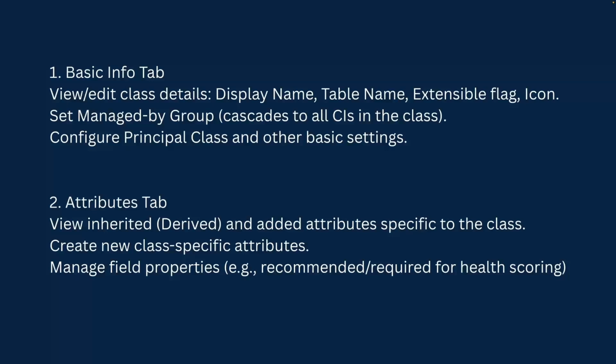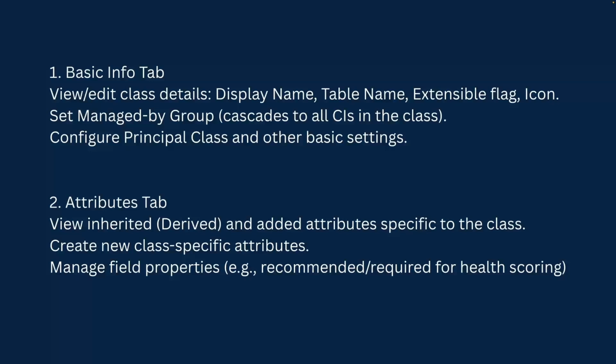And the attributes tab, the one below the basic info tab, gives us provision to view inherited, derived, and added attributes specific to the class. It also gives us provision to create new class specific attributes. If you want to create a new attribute, you can create it there. You can also manage field properties, and recommended and required fields for health scoring.